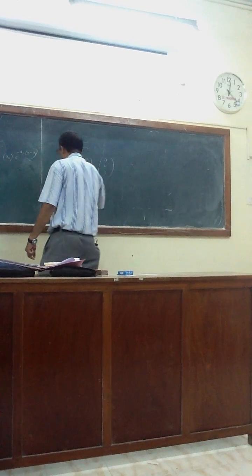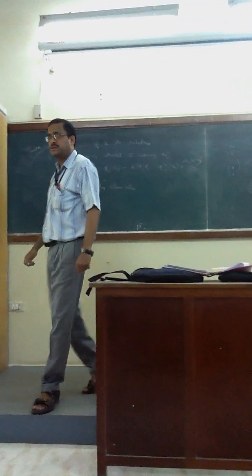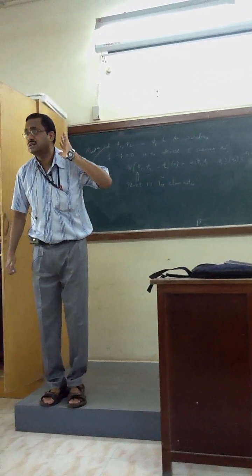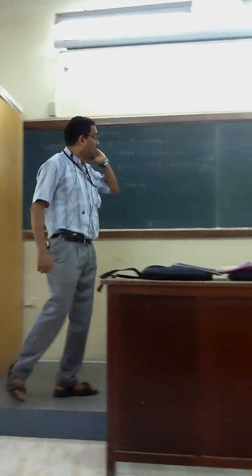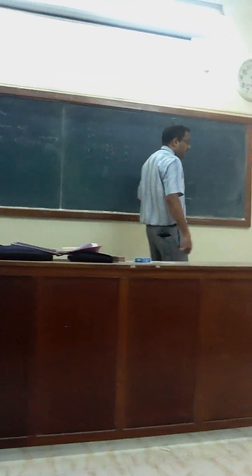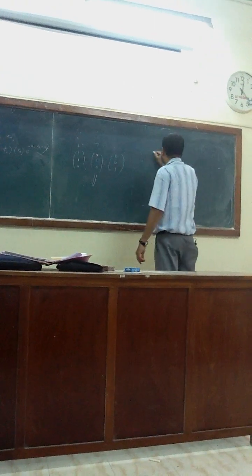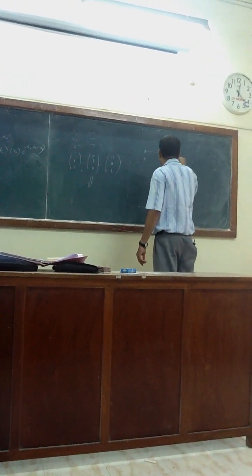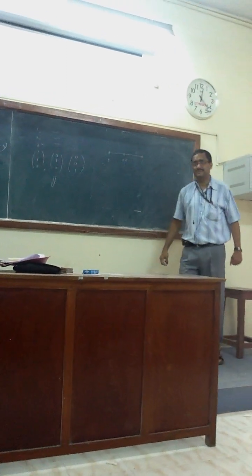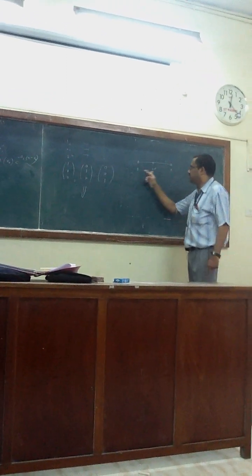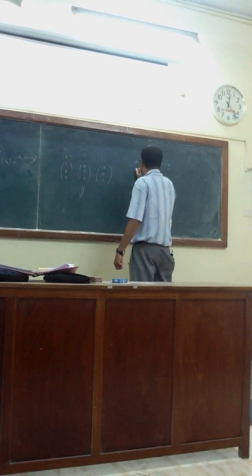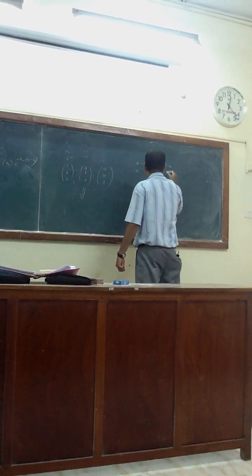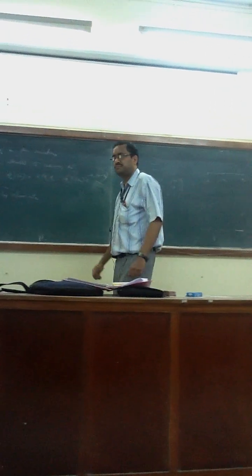What are the corresponding functions to this? Basis functions, what is that? 1, x, x square don't satisfy. Three points are there. I am selecting three points, maybe 0, 1, 5. You can represent with this, or you can represent x1, x2, x3. No problem.